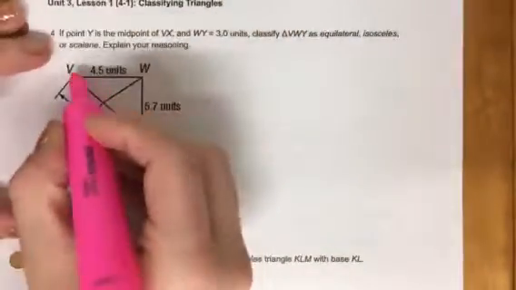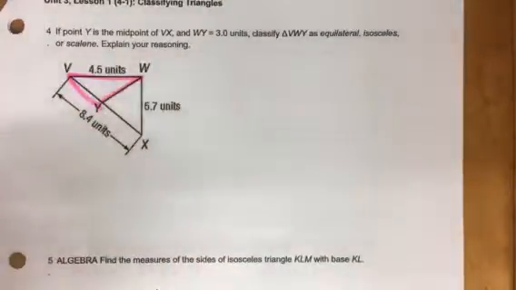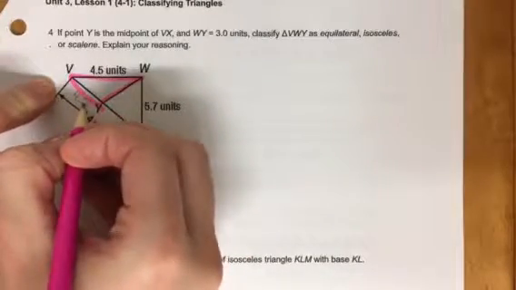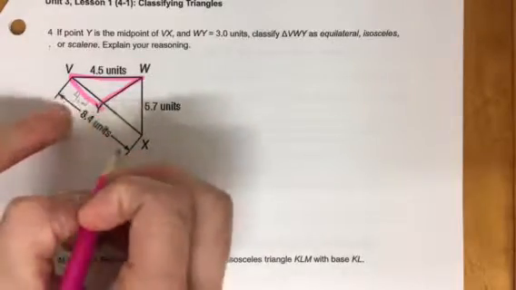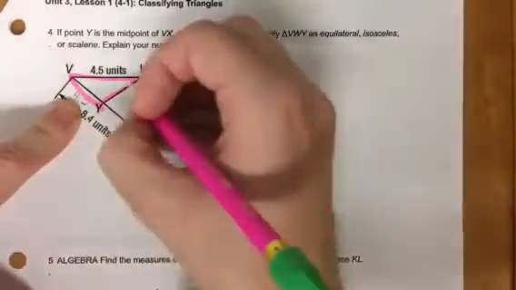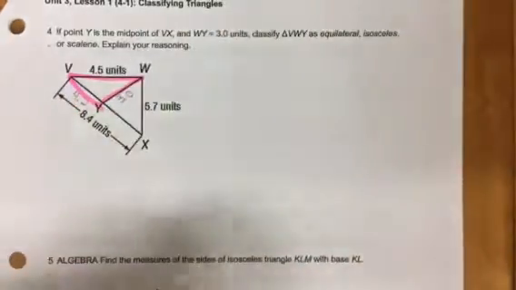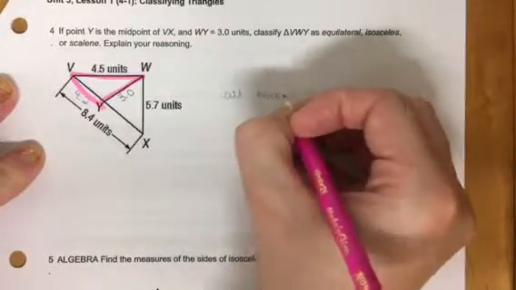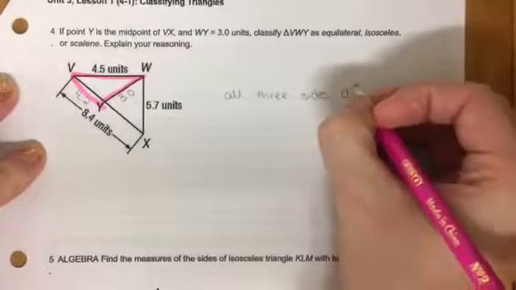So that's this one right here. And the reason they're mentioning that midpoint to you is so that you understand how much this amount is. Since it's a midpoint, VY is only going to be half of the total, so that's 4.2. And then they tell you here that WY is 3.0. I'm seeing all three sides are different measurements. That makes this scalene.